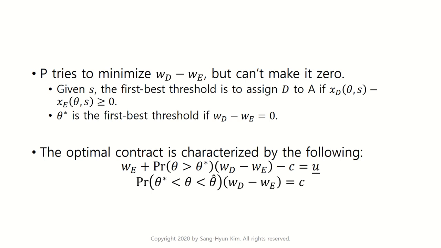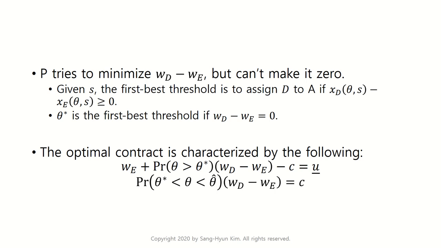So what is the IC constraint? The IC constraint is the equation at the bottom. Let's look at it. You want to reduce WD minus WE as much as possible. But if WD minus WE is too small, then the left-hand side becomes smaller than the right-hand side.